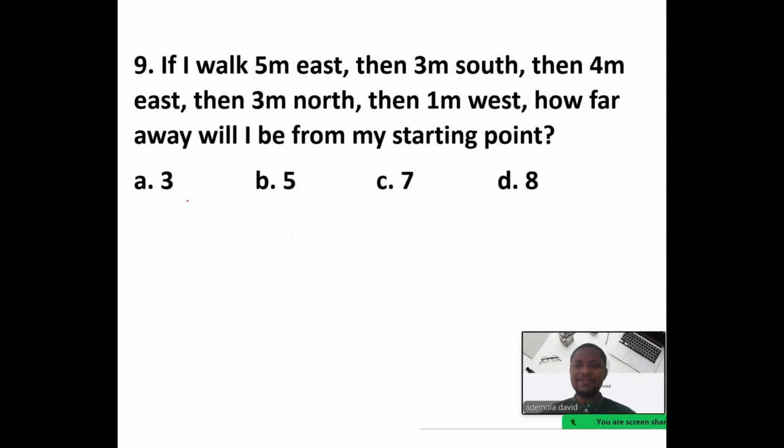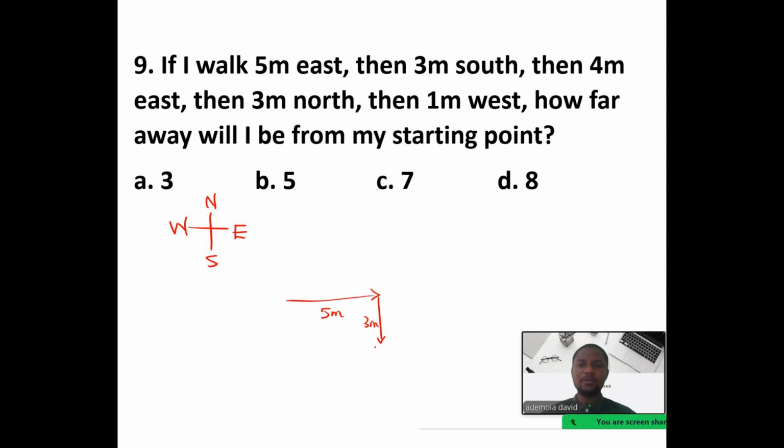Number 9, if I walk 5 meters east. Before we start, you need to know this is the north, this is south, this is east, and this is west. So if I walk 5 meters east, this direction, call it 5 meters. Then 3 meters south, move this way, call it 3 meters.